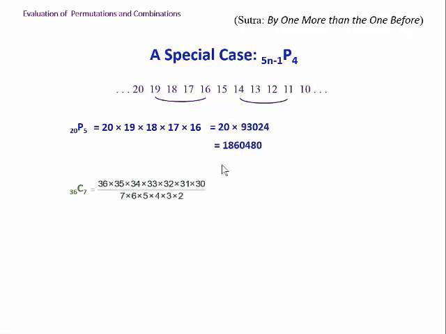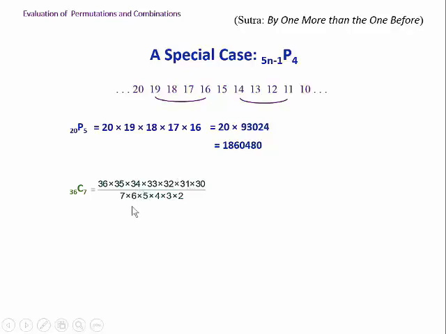36C7 is this. Do we have this special case contained in there? Well, there's the 35, which is a multiple of 5, and the 4 numbers following it are easily found using this method. So we can apply this, and we want to leave those numbers intact in our cancelling.